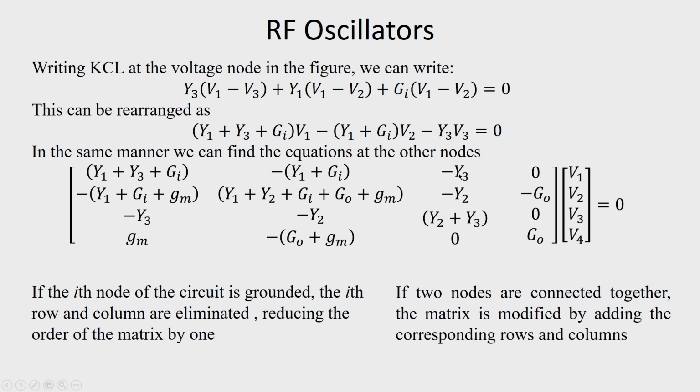Y3, minus Y3, Y2 plus Y3, they will remain as they are, and in that process this matrix will essentially be reduced into a 2 by 2 matrix.